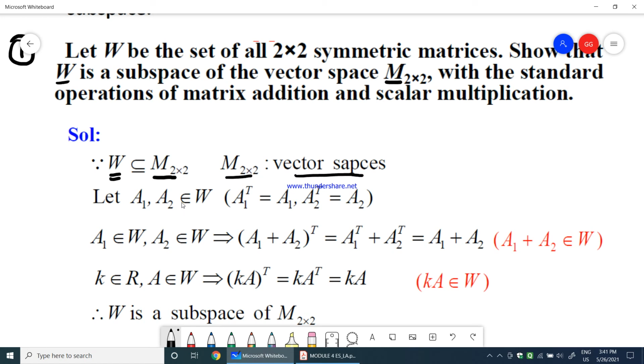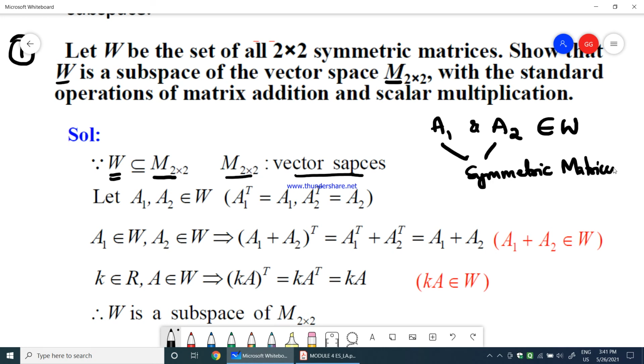Let me consider two different matrices, A1 and A2, which both belong to W, meaning both are symmetric matrices. If I take the transpose of A1, that will be equal to A1 because it's a symmetric matrix. If I take the transpose of A2, that will again give A2. This is the property of a symmetric matrix.